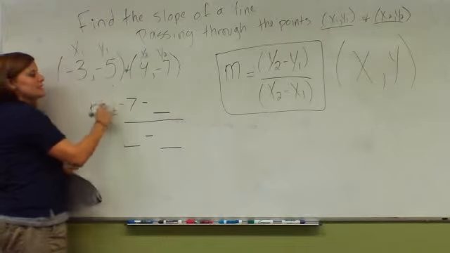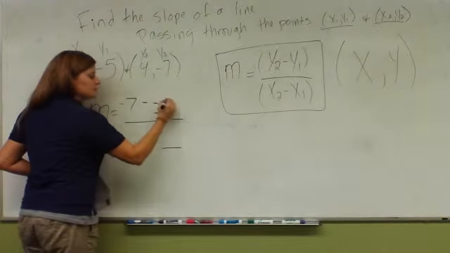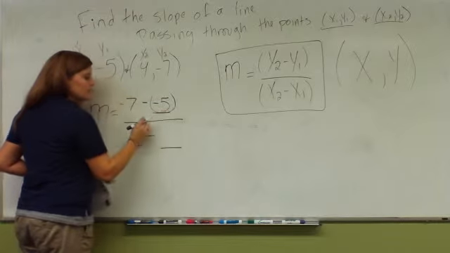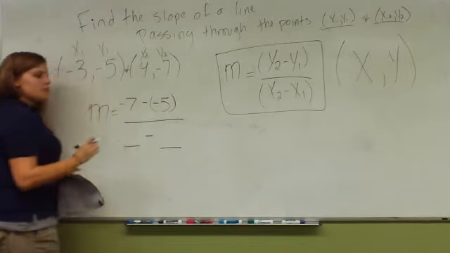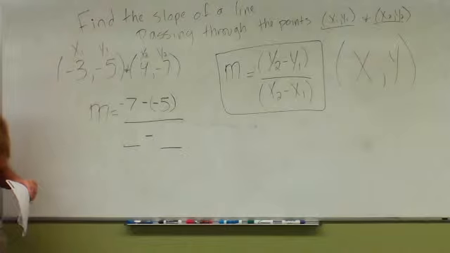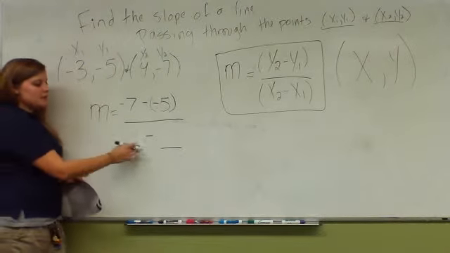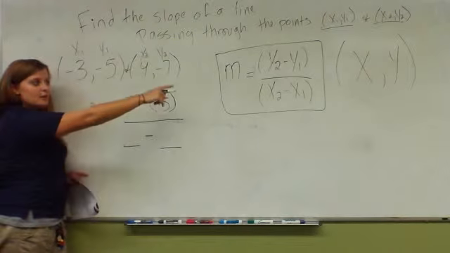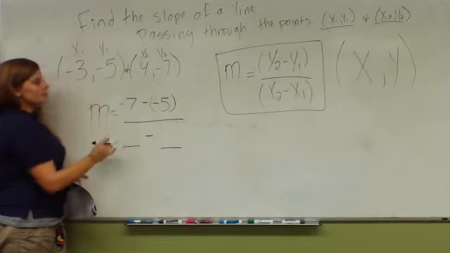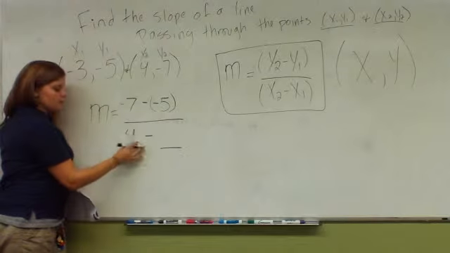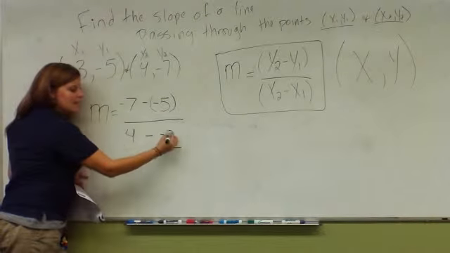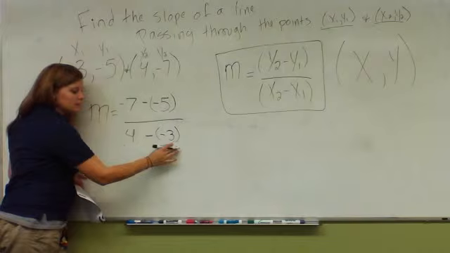My next one is negative 5. See that right there? See my parentheses? Parentheses are important. Okay? I put these little lines here just to show you that that's literally a puzzle. That minus sign is important. 4 minus negative 3. 4 minus negative 3 in parentheses.